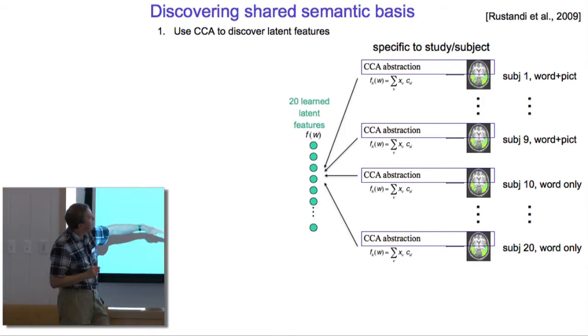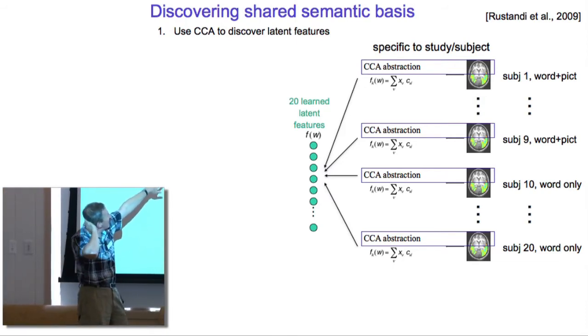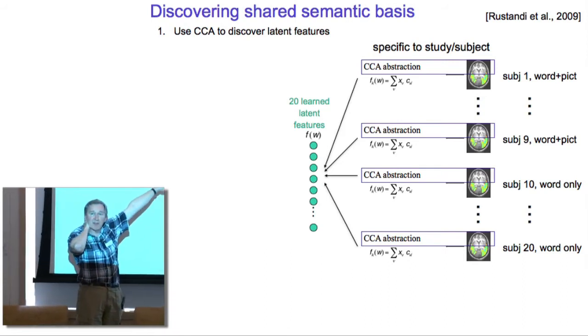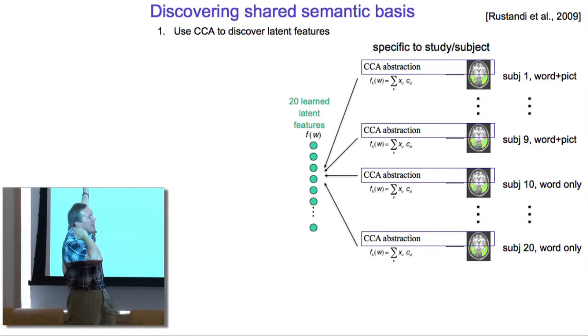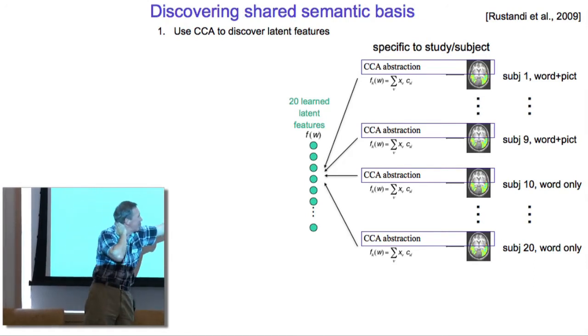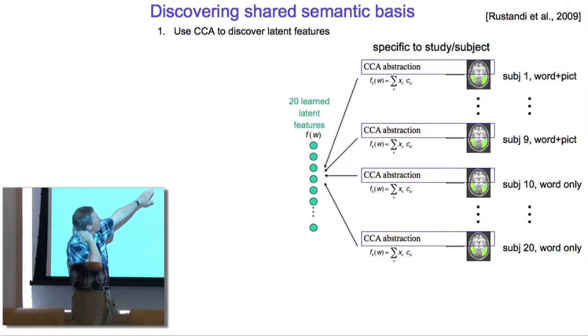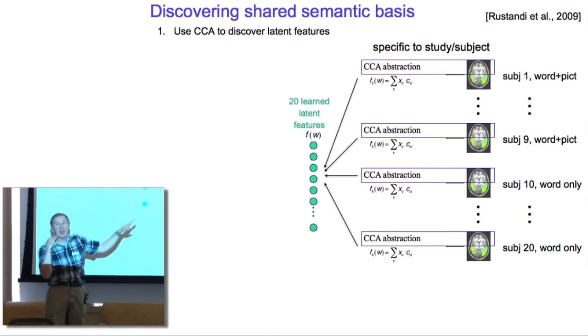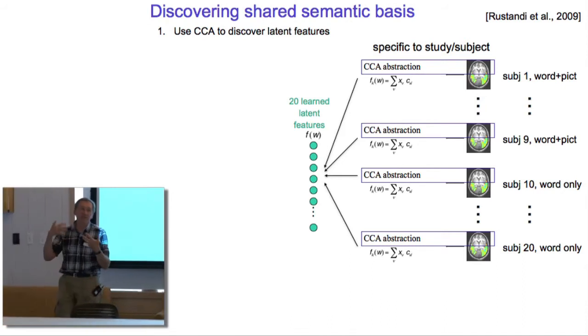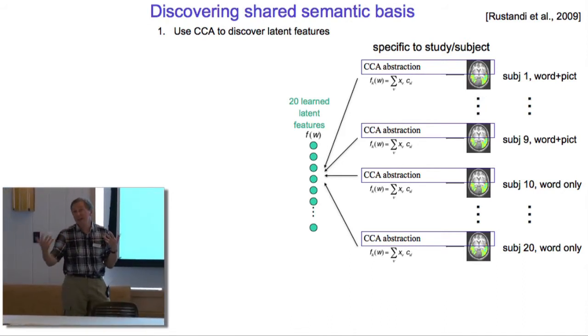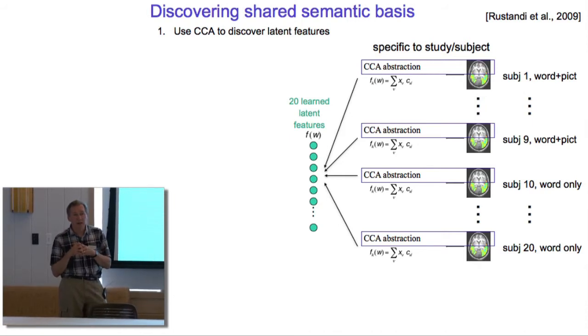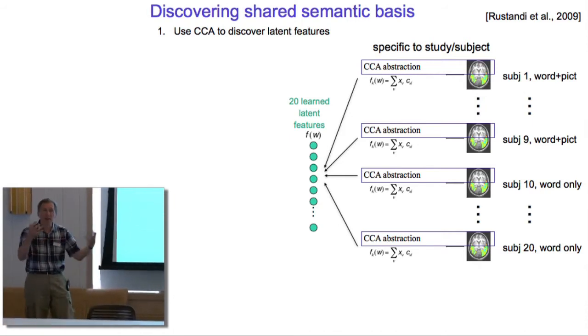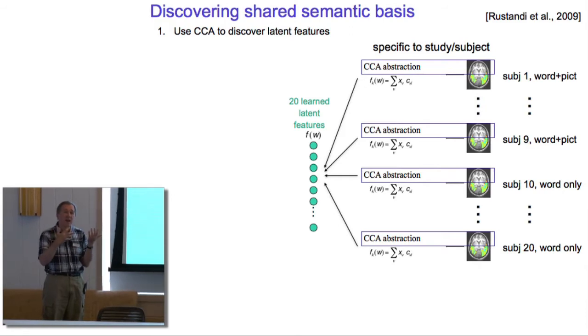So I'll show you the model, but basically he comes up with a set of features that are going to mediate between the stimulus features and the data in a three-step algorithm. So in step one, he uses canonical correlation analysis, which is a technique which, like PCA, or like what Jim talked about earlier, can give you abstractions of data.